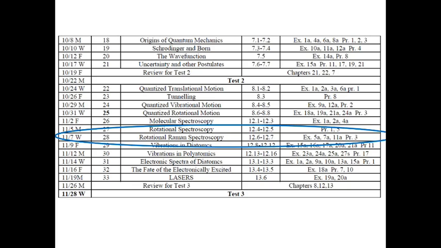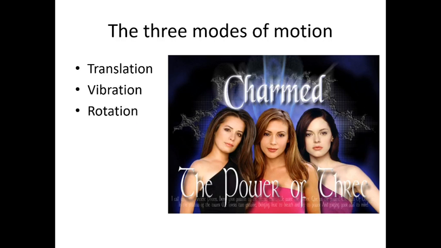So what we've been talking about of late: translation, vibration, rotational motion. These are the charmed ones, the power of three. Yesterday we talked about rotational motion and rotational spectroscopy, sometimes called microwave spectroscopy, because rotational spectroscopy takes place in the microwave part of the electromagnetic spectrum.